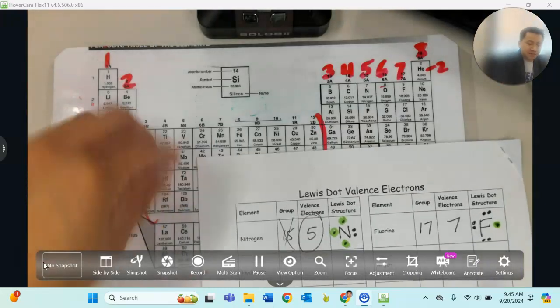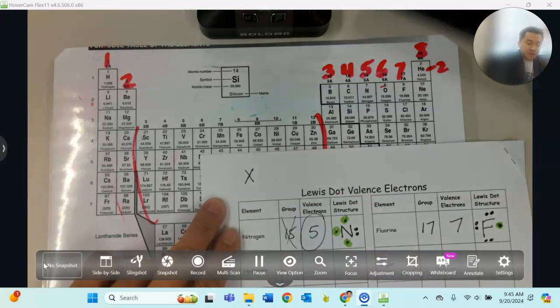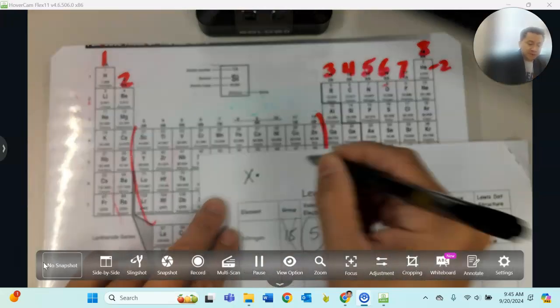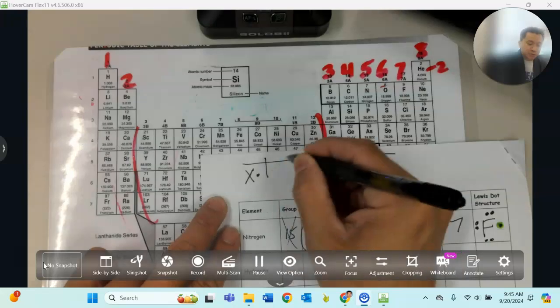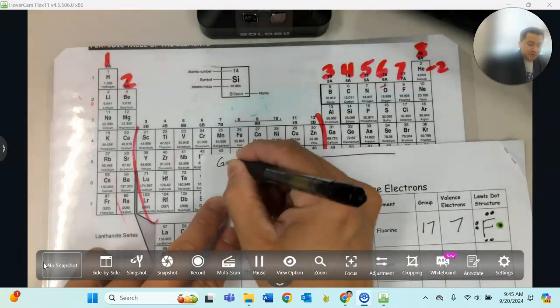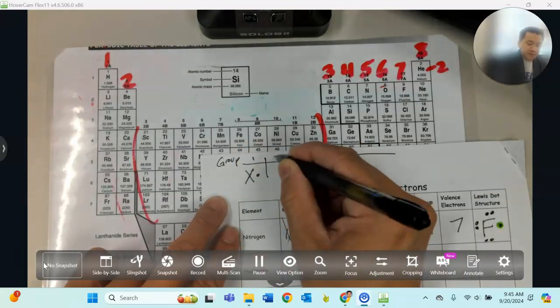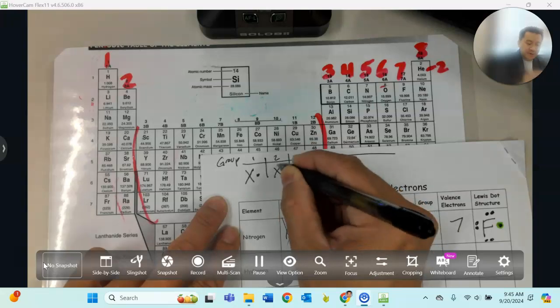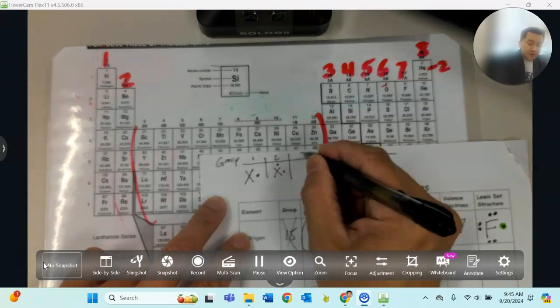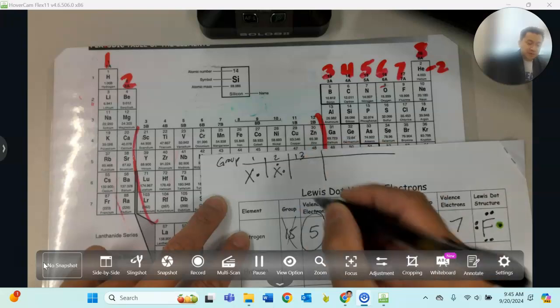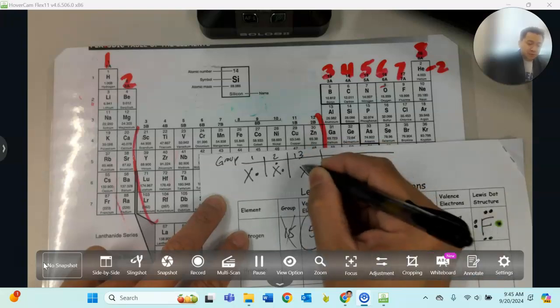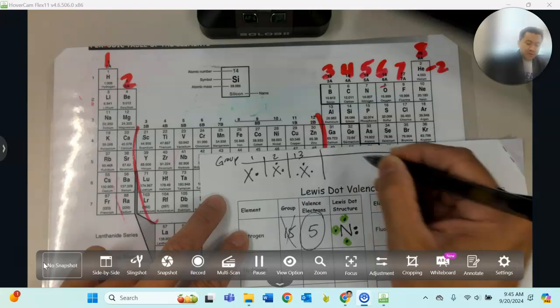Basically it's very simple. Let's say X is our symbol. Group 1 is the symbol with 1 dot. Group 2 is 1 dot, 2 dots. Group 13 is the symbol and then 1, 2, 3.